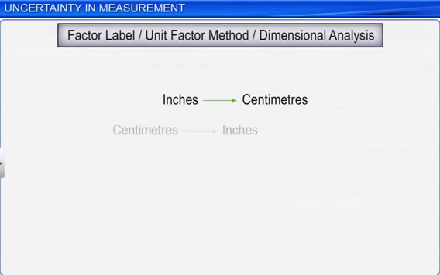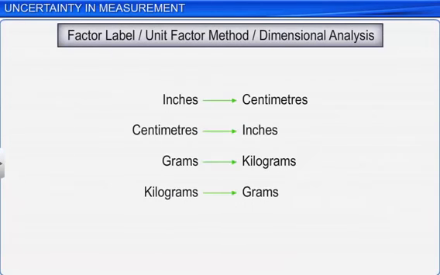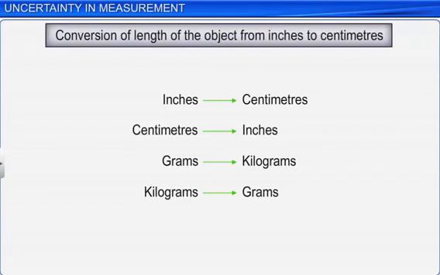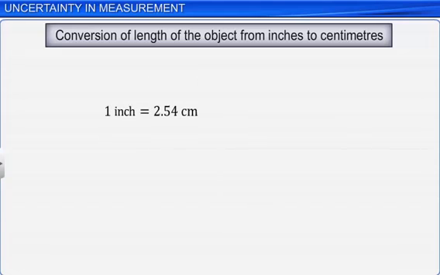When we perform mathematical calculations, sometimes we need to convert units from one system to another. This can be achieved through a method called factor label, or unit factor method, or dimensional analysis. Let's understand this through an example. Assume that we have to convert the length of the object from inches to centimeter. We know that 1 inch is equal to 2.54 centimeters.